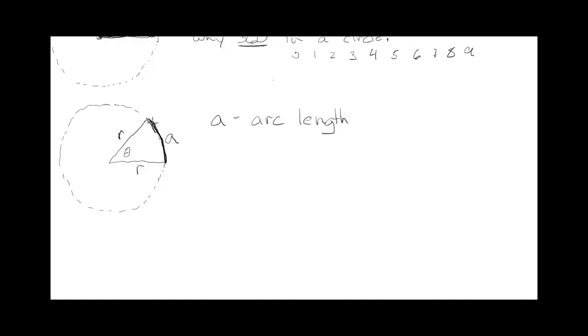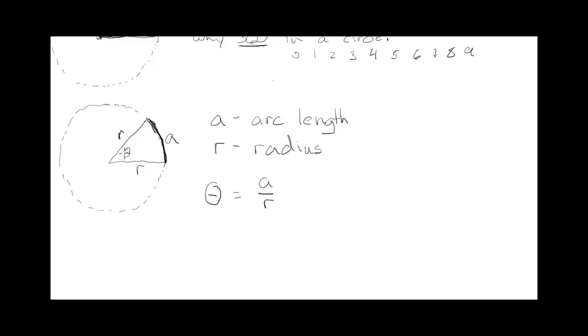The bigger the angle, the more arc length you have, and r is the radius. Now we're going to measure theta as just the ratio of these two lengths. So theta is equal to A over r. And this is how you measure a radian. That's all that a radian measure is. It's just a ratio of these two sides.